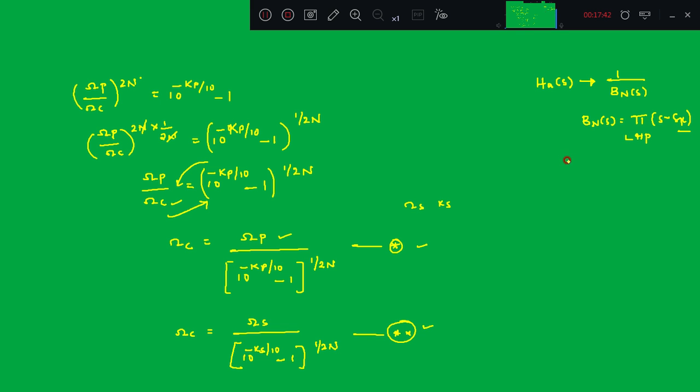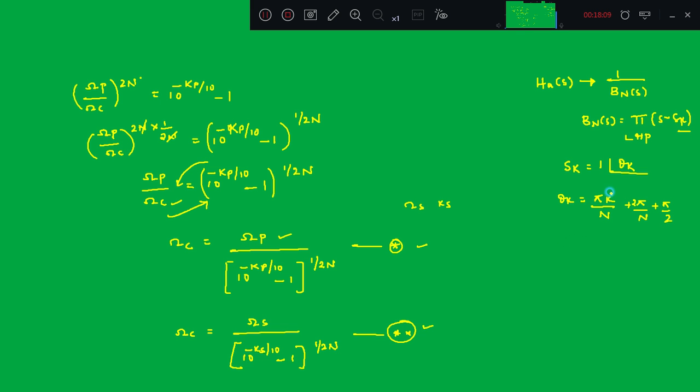What is this sk? This sk is nothing but the pole, which is given by 1 with a phase angle of theta k, right? And what is this theta k? Theta k is nothing but pi k divided by n plus pi divided by 2n plus pi by 2.